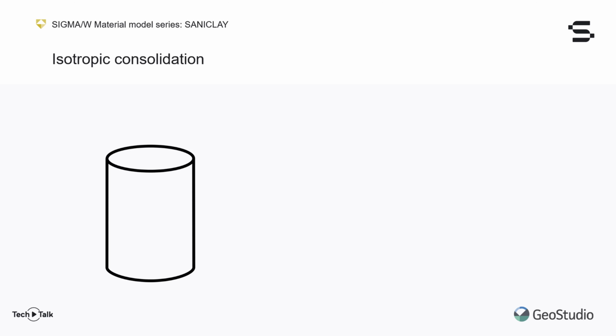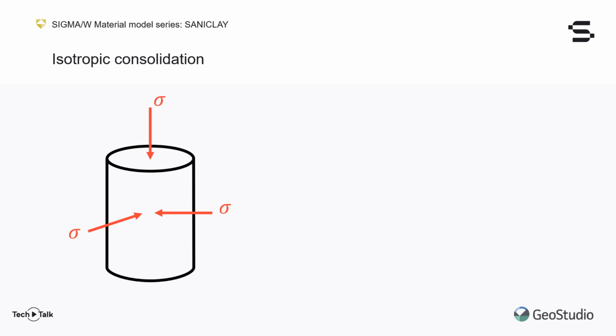K0 consolidated triaxial tests are a subset of anisotropically consolidated triaxial tests and differ from usual CID or CIU triaxial tests in the way the initial consolidation phase is performed in the laboratory. As their name implies, CI tests are isotropically consolidated, meaning that the soil sample is subjected to the same confining stress on all its faces during consolidation.